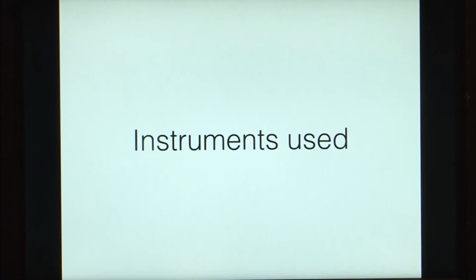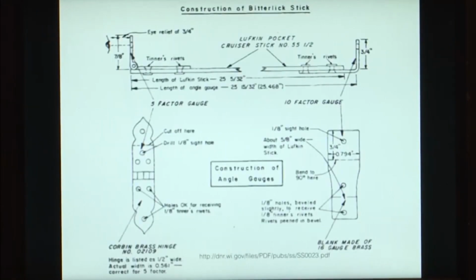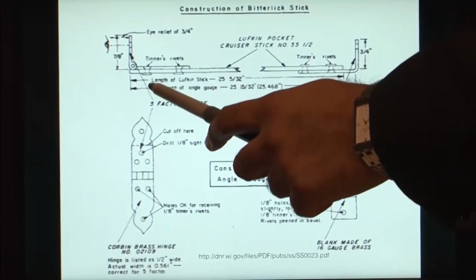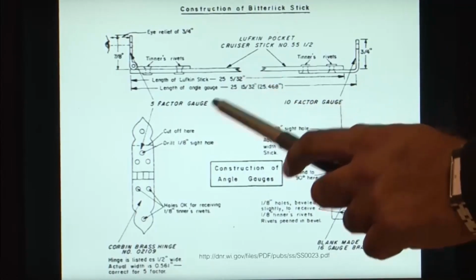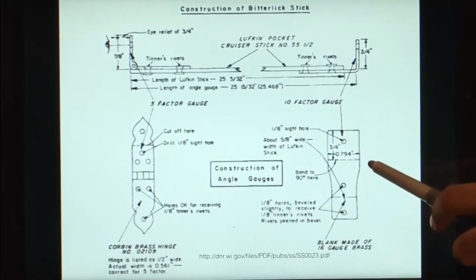So, what are the instruments that we use to do this? There are a number of instruments that can be used. You can use a Bitterlich stick. Bitterlich is the name of the scientist or the forester who first devised this point sampling. In the case of this Bitterlich stick, you have a rod of a fixed size and you have two ends for this.